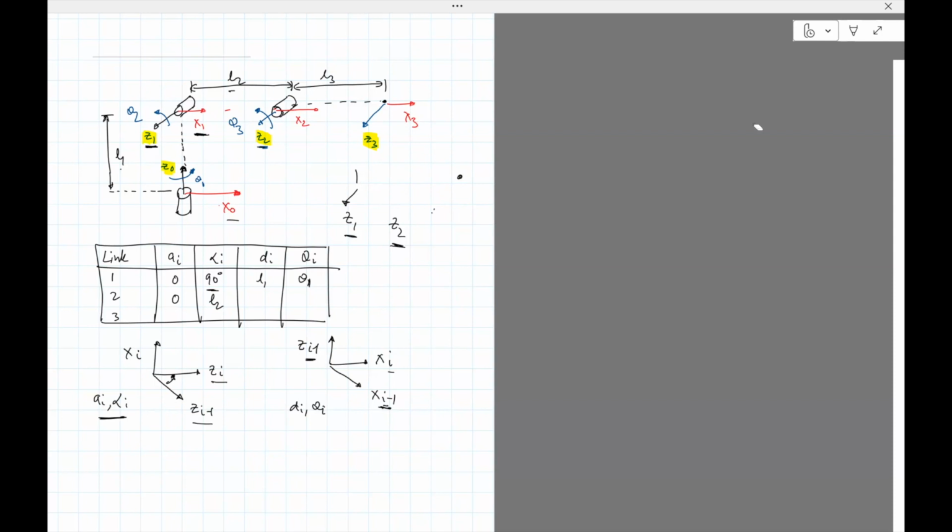Okay. Next, let's figure out D2 and theta 2. So I put i equals 2 again. So the angle and distance between X1 and X2. Let's look at X1. It's here. X1, X2 along Z_{i-1}, so Z1.